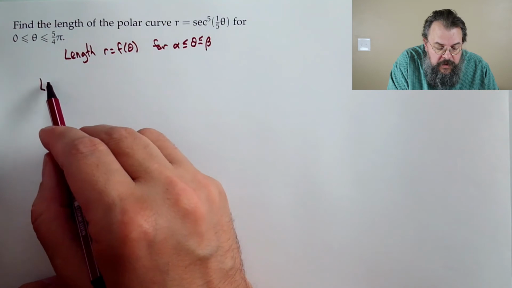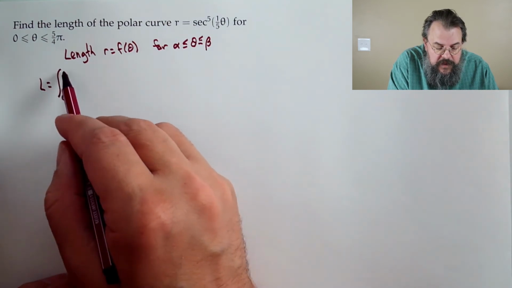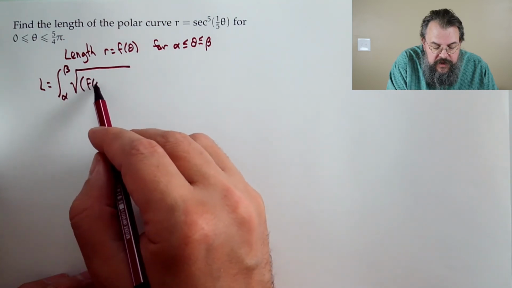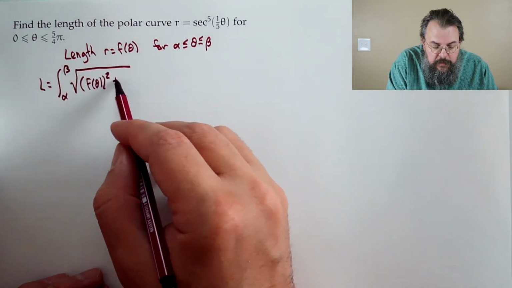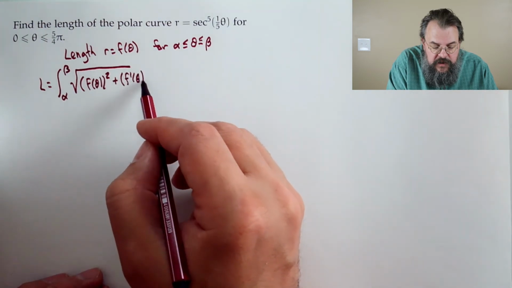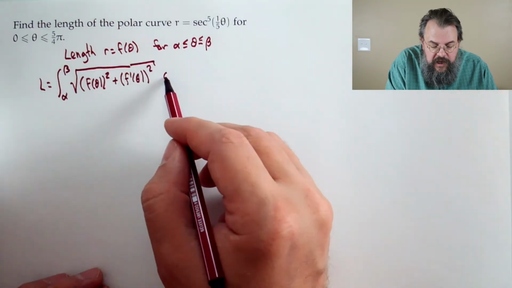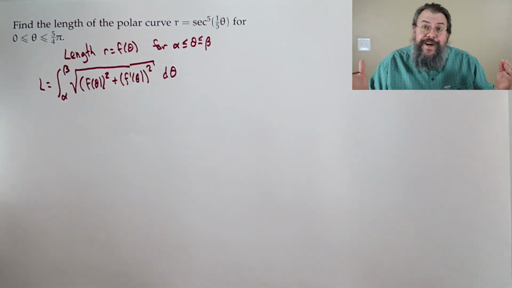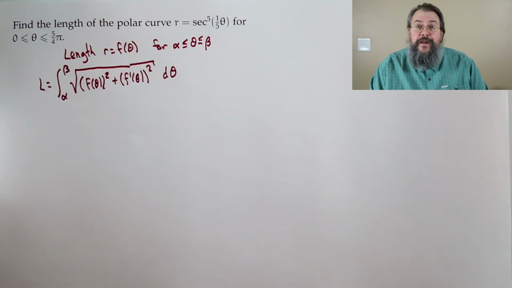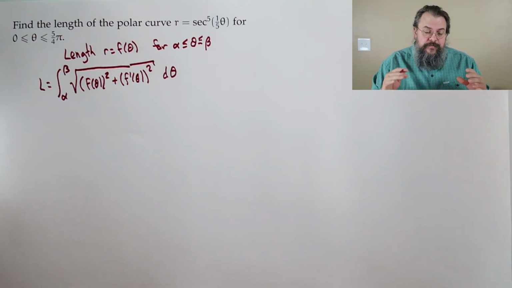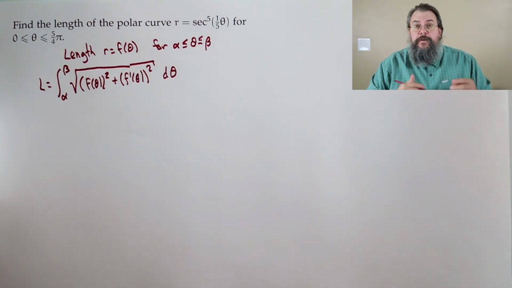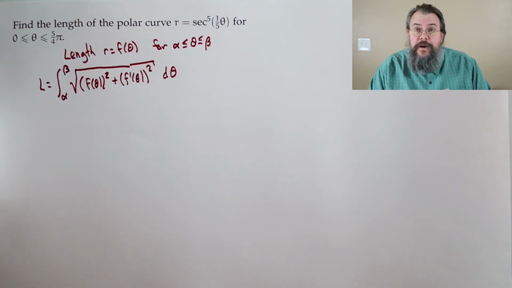Namely, we add up from alpha to beta the square root of the original function squared plus the derivative of the function squared, d theta. It's not too surprising that there's a square root. Indeed, we'd be more surprised if we were doing a length problem and the setup did not involve a square root. So we'll just take this as is. Now that we have our basic formula, we just have to apply it and see where we go.